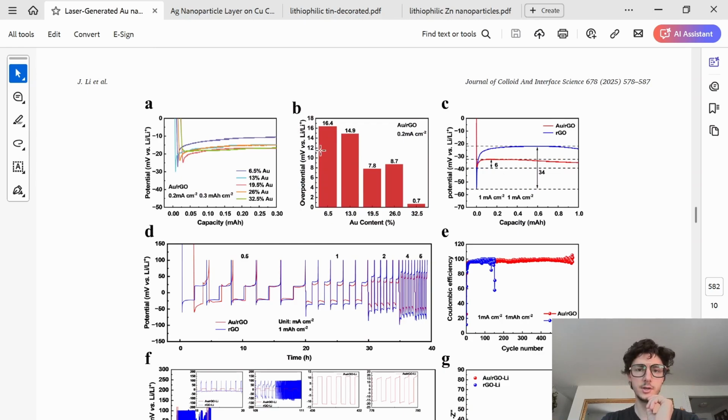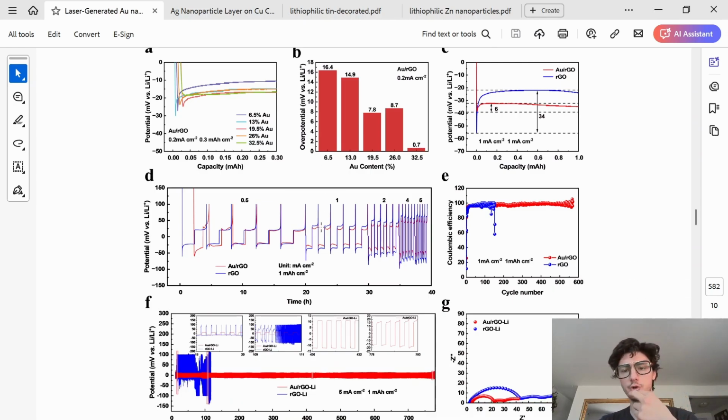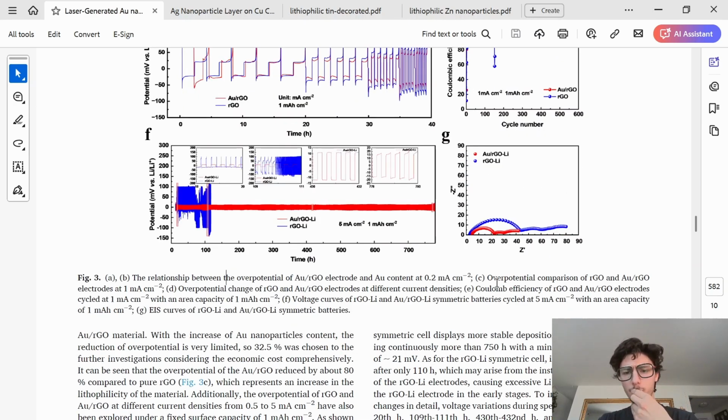Overpotential, potential, and here they give you a bar chart as a function of gold percentage. So gold percentage over here, you get a lot of overpotential in millivolts, 16.4 millivolts, 13% gold, this much, 19% gold, it drops, 26% gold, it rises a bit, but 32% gold, you get the lowest amount, 0.7 millivolts. I don't know, that might be kind of interesting, that might be kind of useful. Not too sure what to make of that yet.